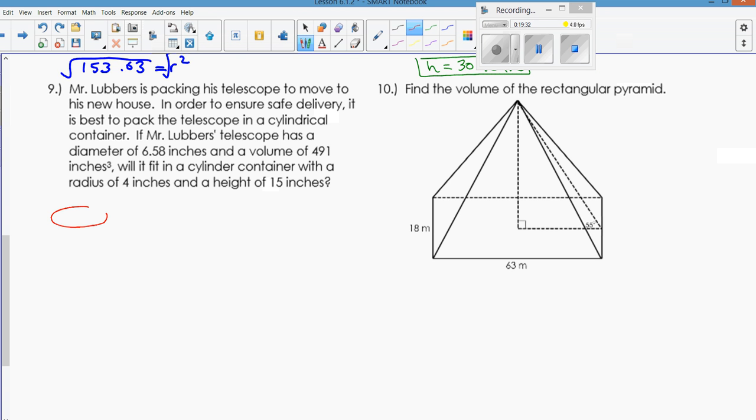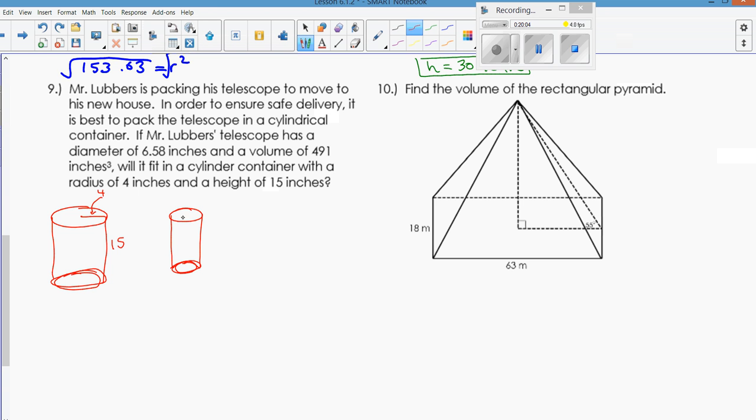So just to give you an idea, let's say this is the container. Not my best cylinder, but the cylinder container has a radius of 4. So this is 4. And it has a height of 15 inches. I want to know if the telescope, which I will draw a smidgen smaller, assuming that it's a smaller container.